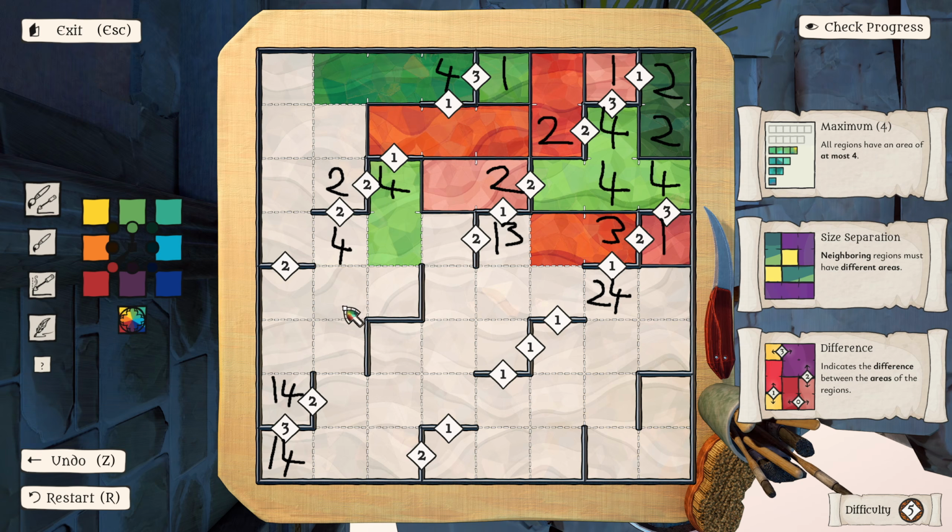They can't be neighboring regions of 4 because of size separation, therefore that must take this. This 4 can't go here because we can't do 4 minus 2 is 1, 3. So that gets a line.